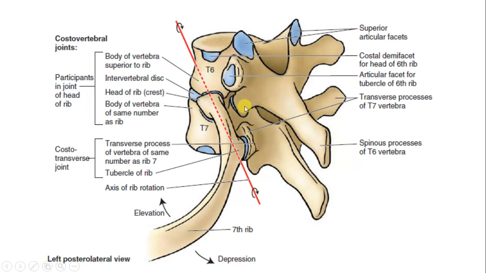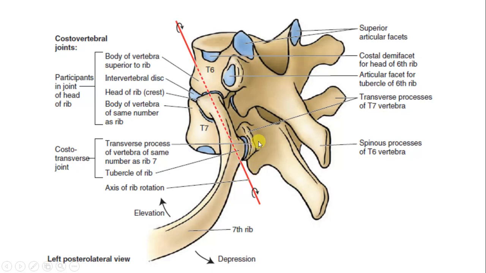So it's a costovertebral joint, and the participants in the joints have been shown: body of the vertebra, intervertebral disc, head of the rib, body of the vertebra of the same number as the rib, and also the other joint, that is the transverse joint: transverse process of the vertebra of the same number as the rib, 7, and the tubercle of the rib.